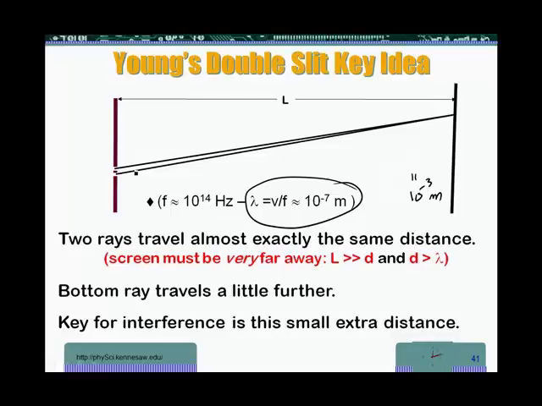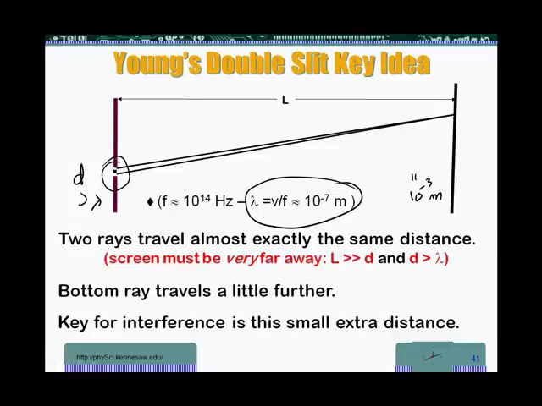So what do we do? We have a setup where we start with a slit separation. Here's our slit separation, which we label as d. It has to be larger than the wavelength of the light that we are dealing with. The slits are not going to be separated by a large distance.